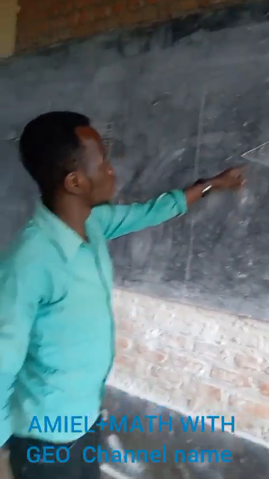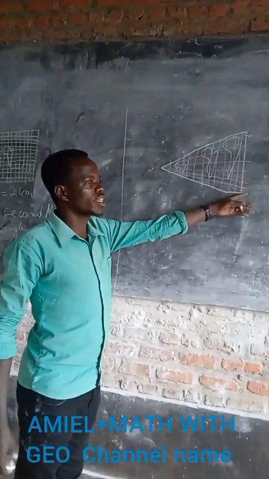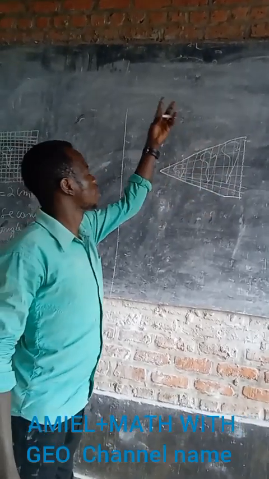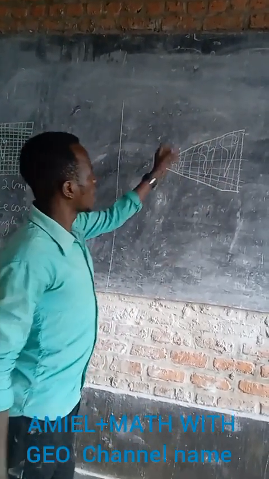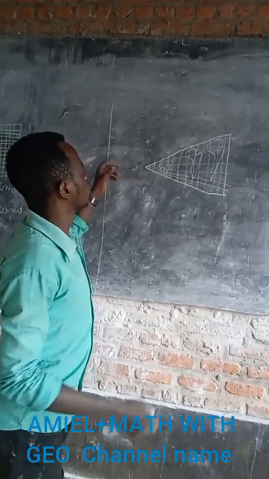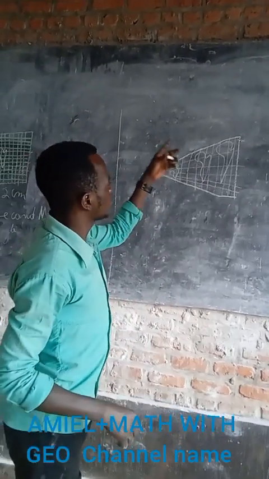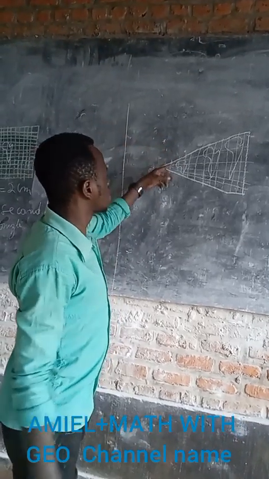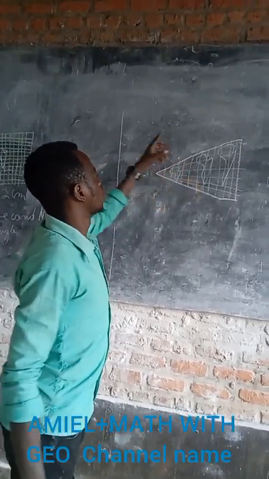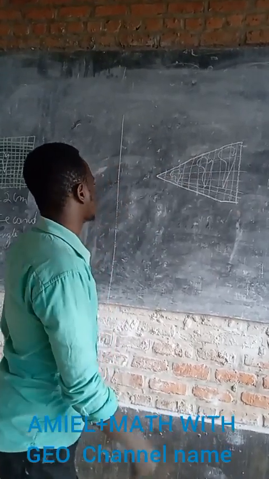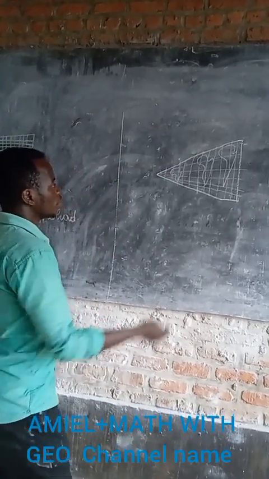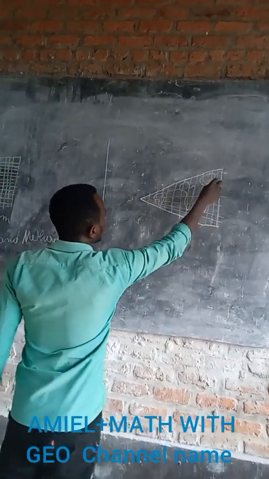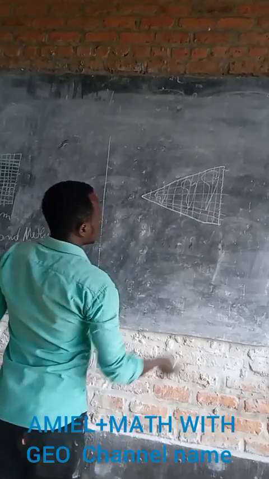Here, near the base of the triangle, we have the big map. And here in the middle, we have the medium map of Africa. And here we have the smaller map compared to the previous two maps. You see here the direction of the map. From here we have the big map.